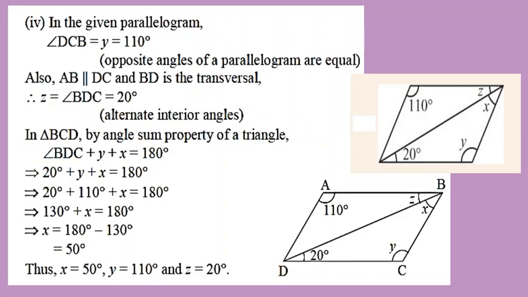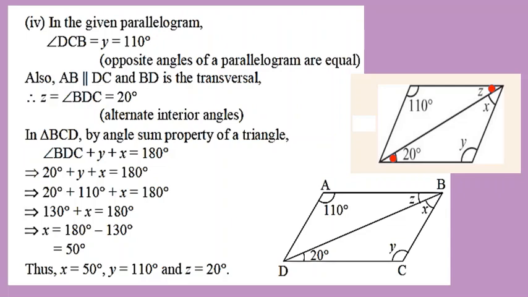Then angle Z and 20 degree are alternate interior. You can call it BDC 20 degree, that is equal to ABD. ABD, that Z is there, no? That one and this 20 degree, it is equal. See here, I have marked above also the 20 degree and Z using red dots.